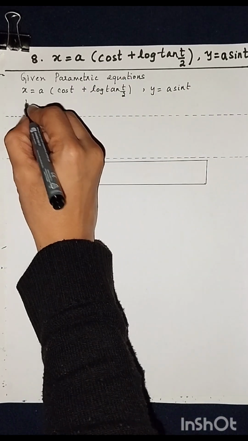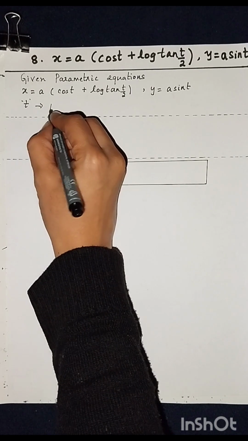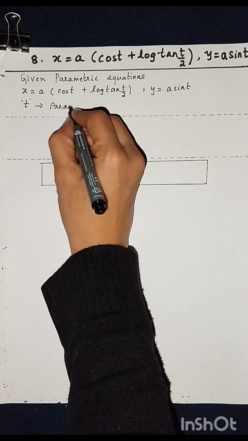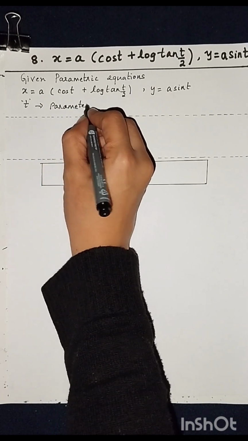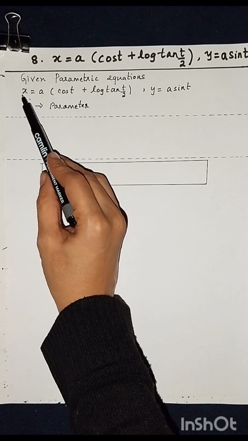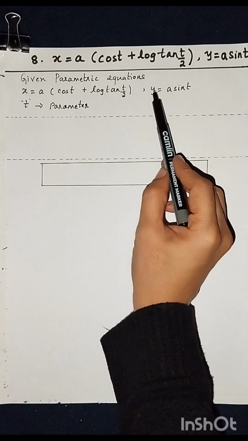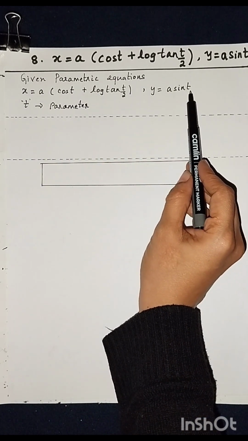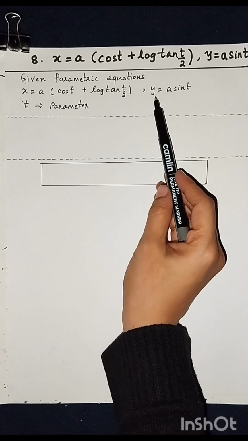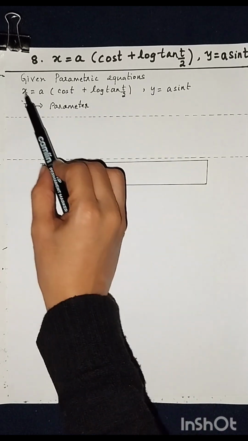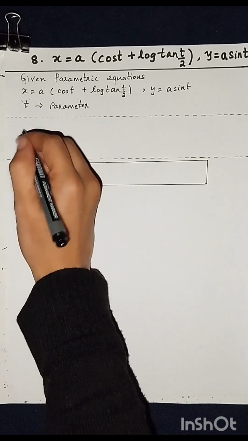And what is the parameter here? t. t is the parameter. So this function is dependent on t and this function is also dependent on t. But now we will find the derivative where y is dependent on x.